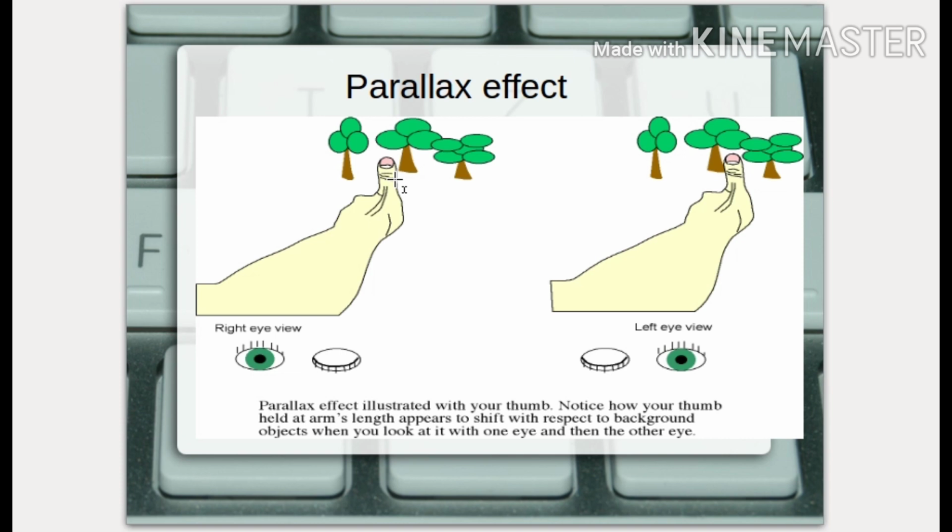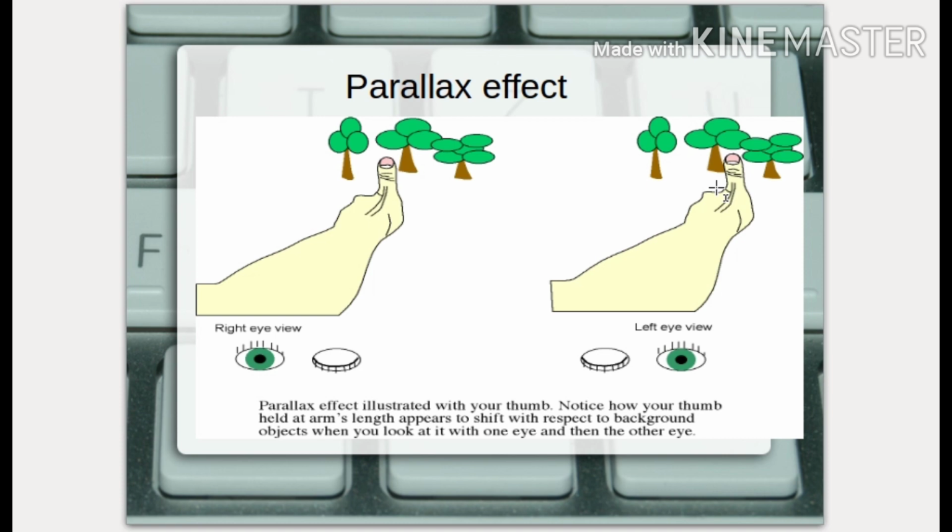Then again close your left eye to watch the same picture. What will you observe? You will observe that your finger jumped from left to right relative to the picture. Understanding? Pause the video and do it again until you get this result. You need to do one more thing.